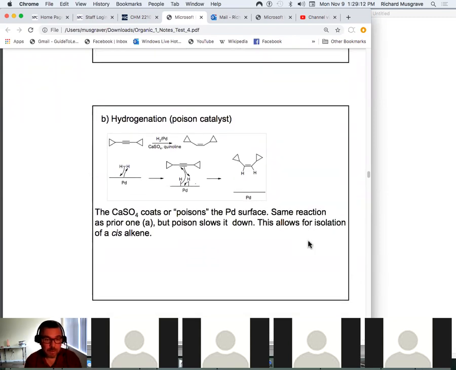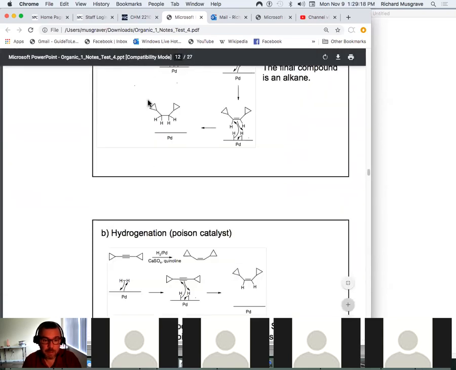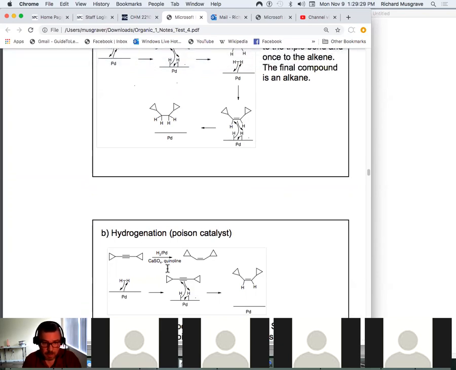So applying what I was just talking about here, look at the difference. This one is just straight H2 and Pd, but if we use CaSO4 and quinoline, also you might see BaSO4 in quinoline, what that will do is attach to the surface of the palladium.